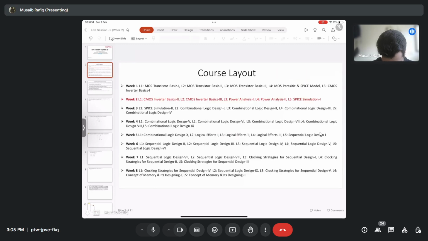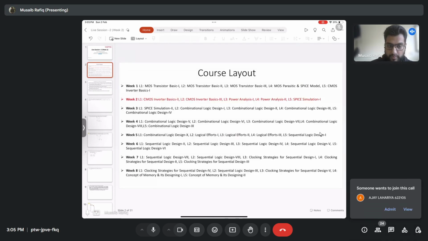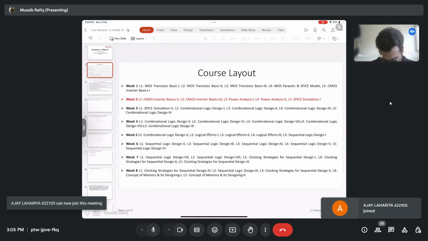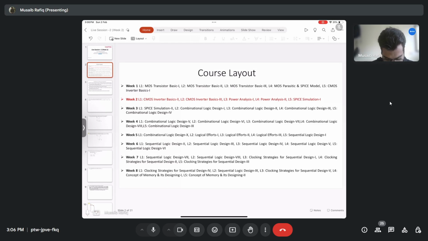Now, towards the contents of this week, the problems will be pertaining to week 2 content. We'll discuss problems related to CMOS inverter basics and some problems related to power analysis, but mostly it will be concentrated on CMOS inverter. I tried to put in some problems of logical effort, but I see that it will be discussed primarily in week 7 or 6.